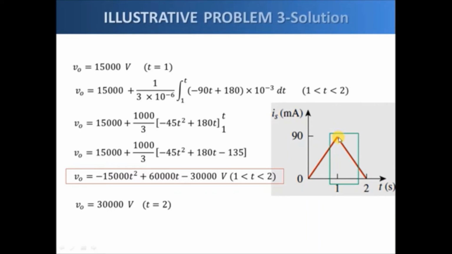The voltage varies from 0 to 15,000 volts. And then as current decreases from 90 milliamps to 0, the voltage keeps increasing and reaches a maximum value of 30,000 at 2 seconds.